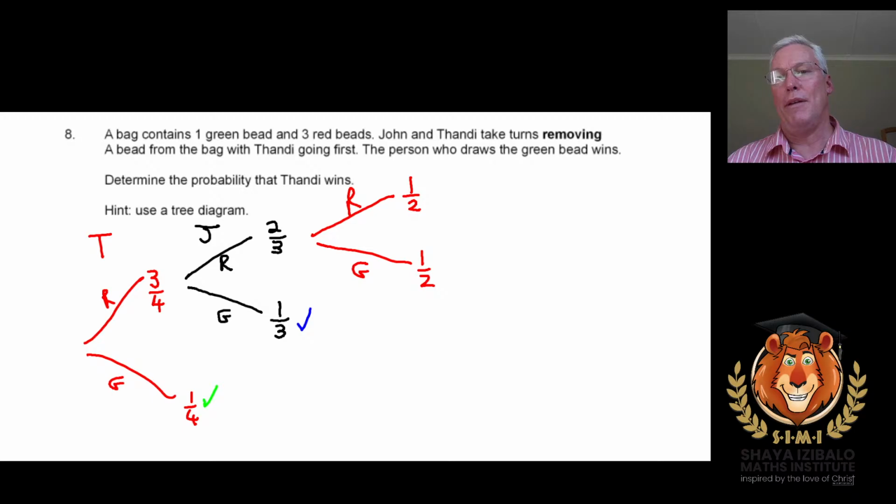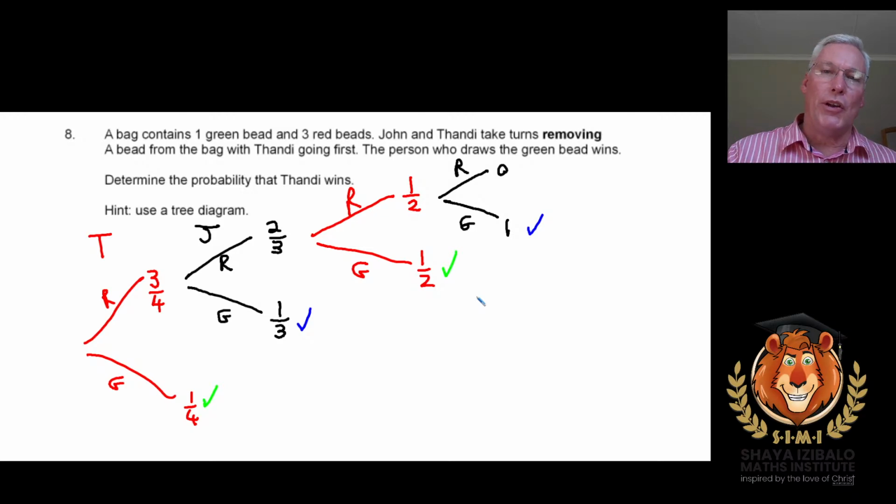That would represent a win for Tandy, so there are 2 ways in which Tandy can win. If the red bead came out now, it's John's turn, and there are no red beads left. So the probability of getting a red bead is 0. There's only 1 bead left and it's green, so this probability is 1. That would represent a win for John.